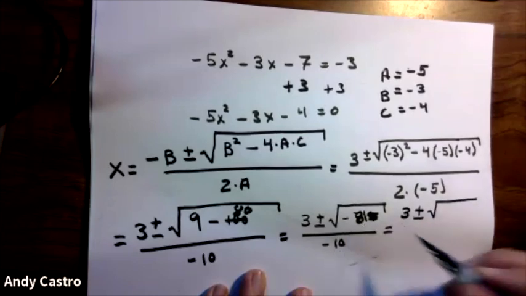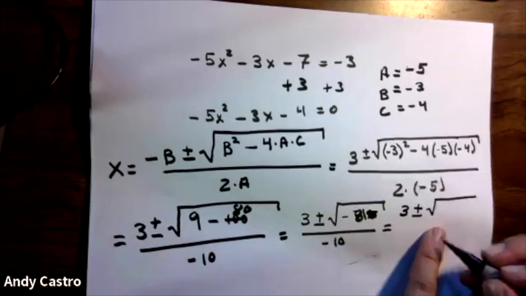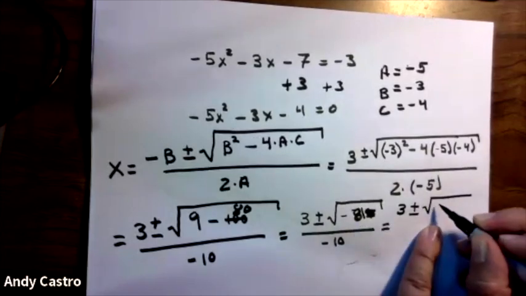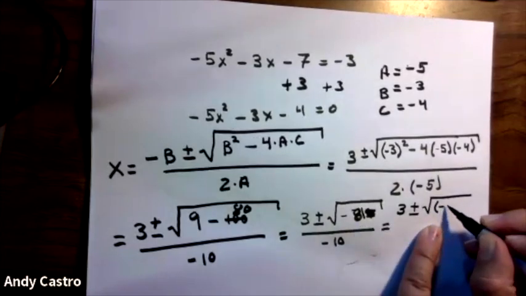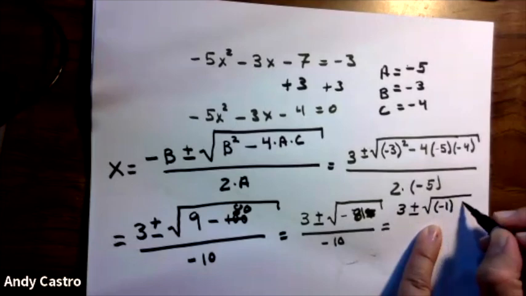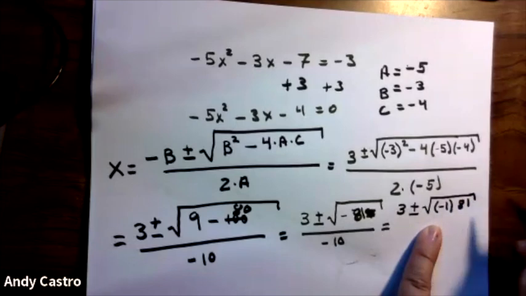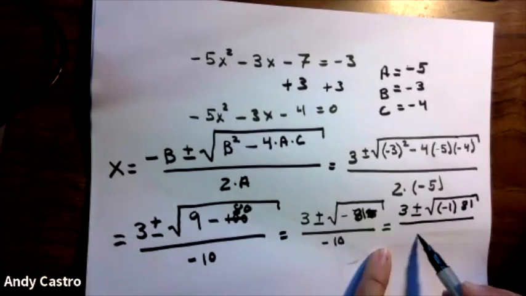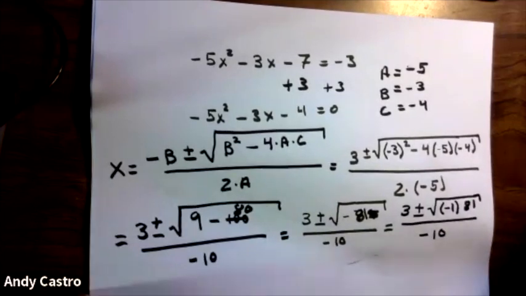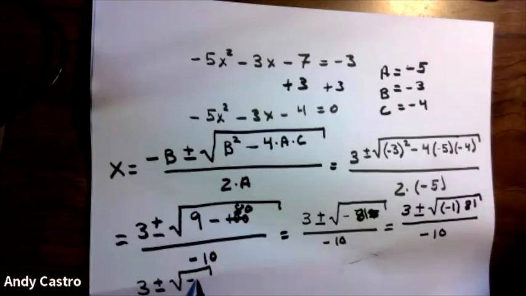But let me go ahead and break this down. I kind of skipped this step last time, so I'll incorporate it here. Negative 81, I'm going to write as negative 1 times positive 81. Okay, so now I have 3 plus or minus the square root of negative 1 times the square root of 81, all divided by negative 10.